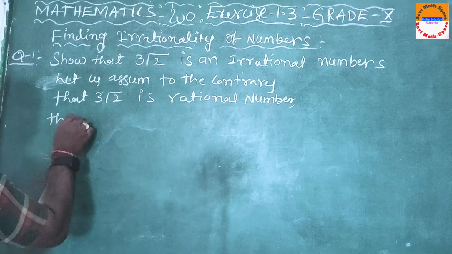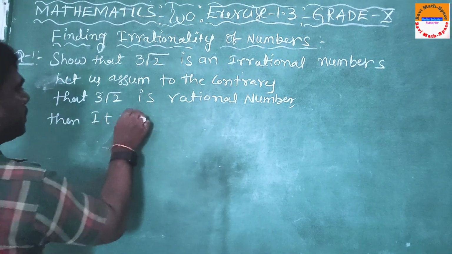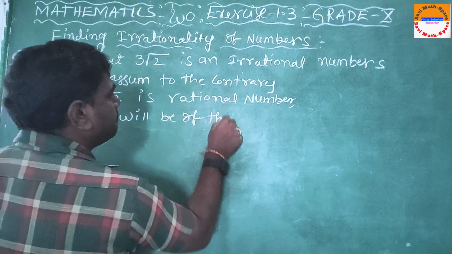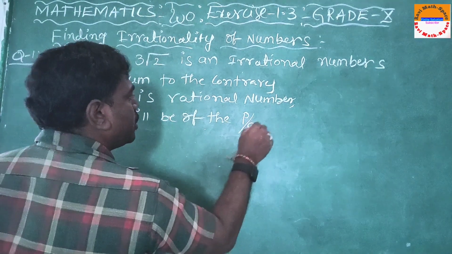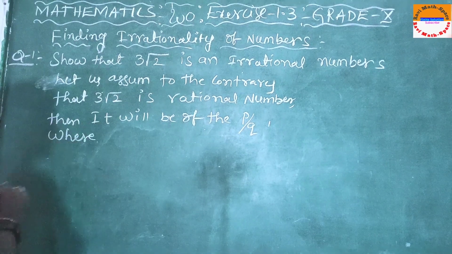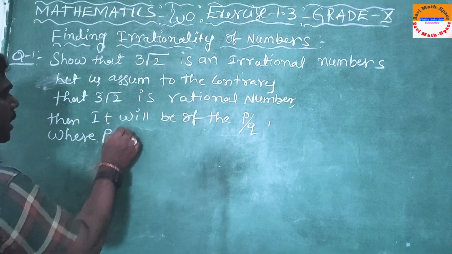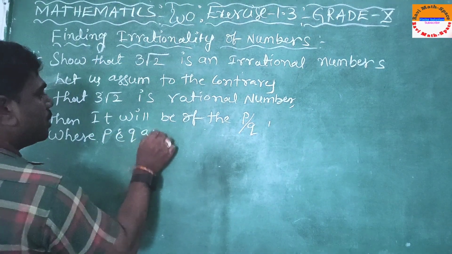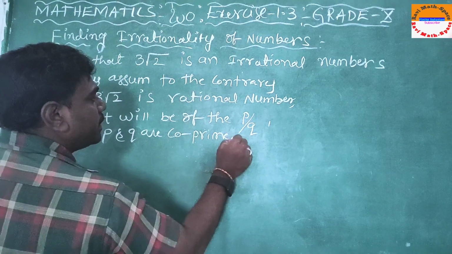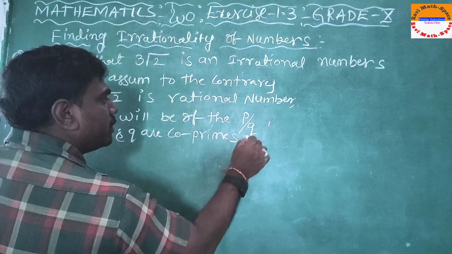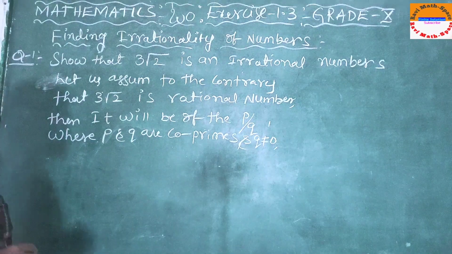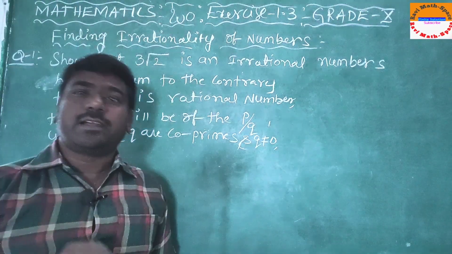Then it will be of the form p by q where p and q are co-primes, and q is not equal to 0. This is the rational number condition.